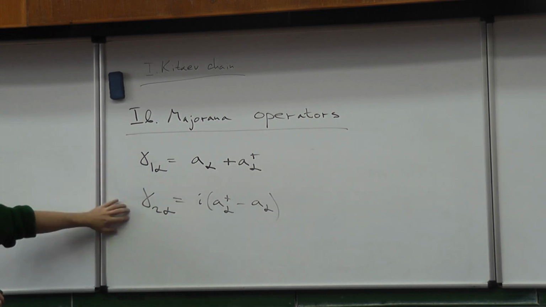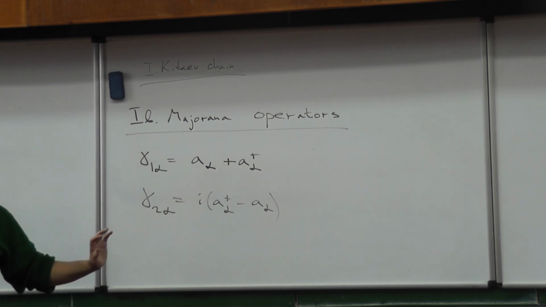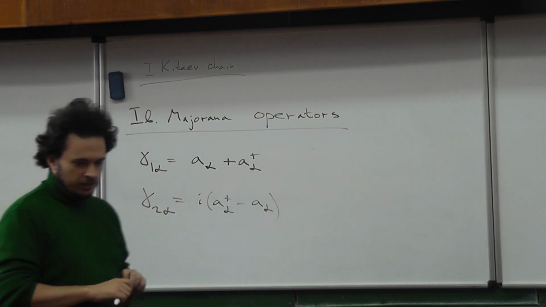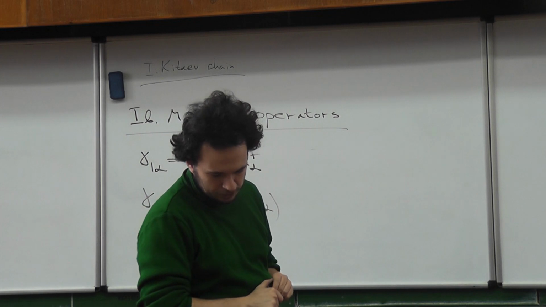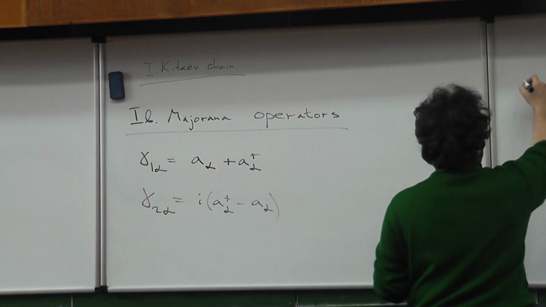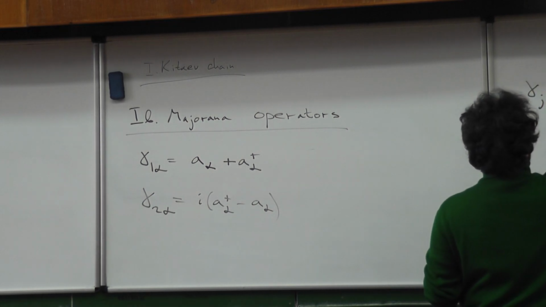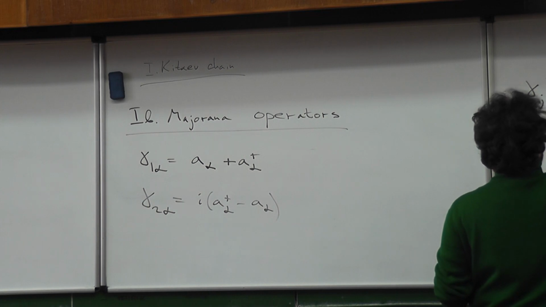These are like the real and the imaginary part of the electron operator. These operators have some nice properties. First of all, it should be easy to see that these operators are Hermitian.